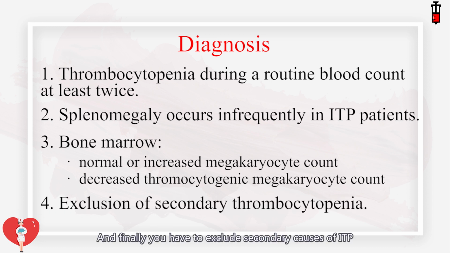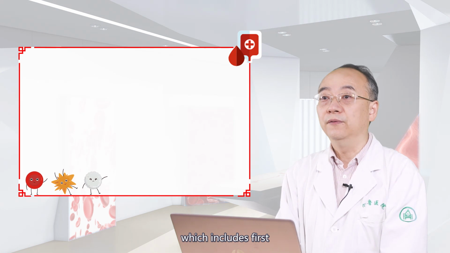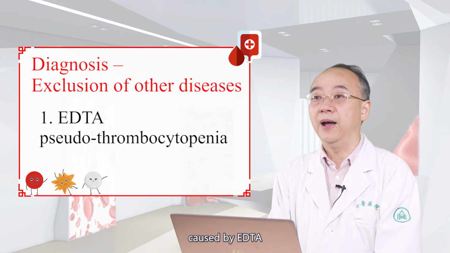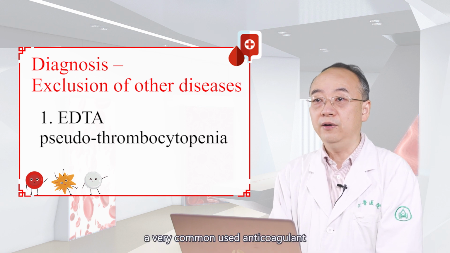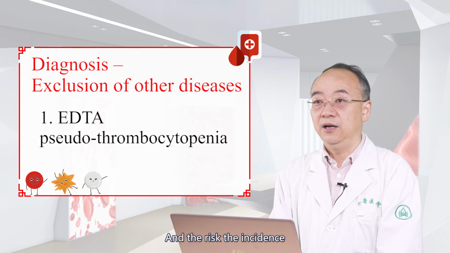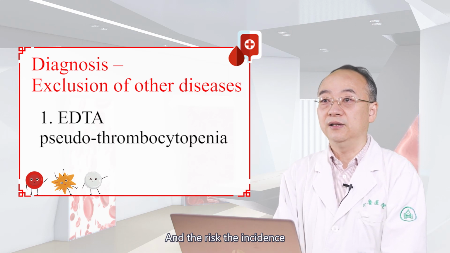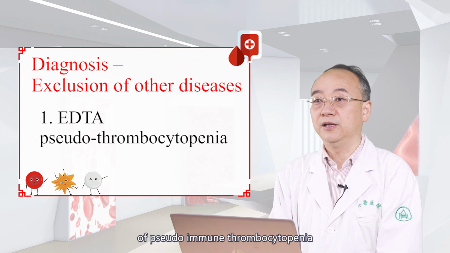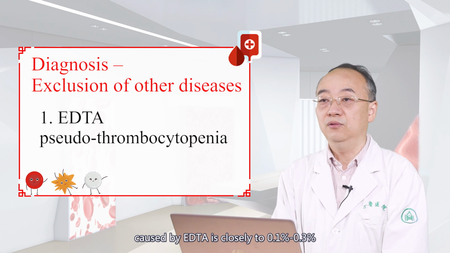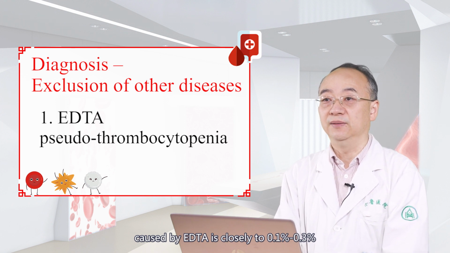And finally, you have to exclude secondary causes of ITP, which include, first, pseudo thrombocytopenia caused by EDTA, a very commonly used anticoagulant. The incidence of pseudo immune thrombocytopenia caused by EDTA is close to 0.1 to 0.3%.